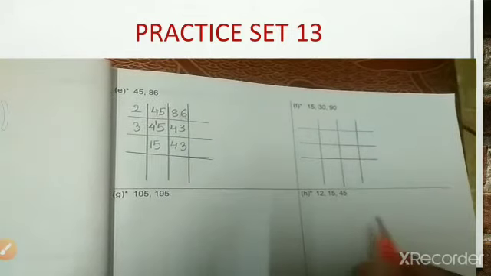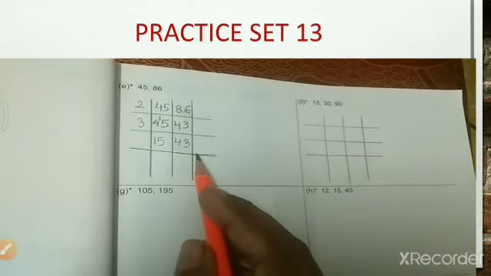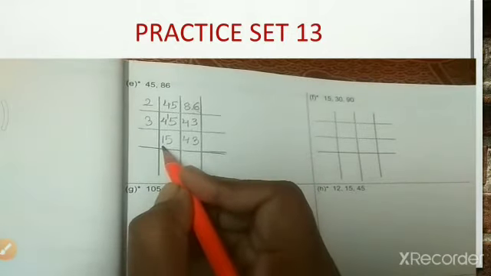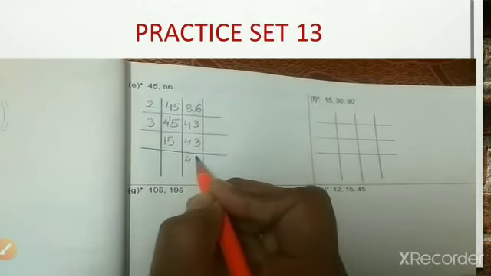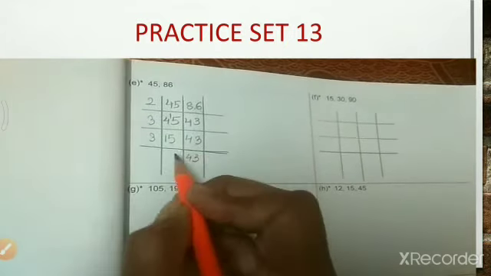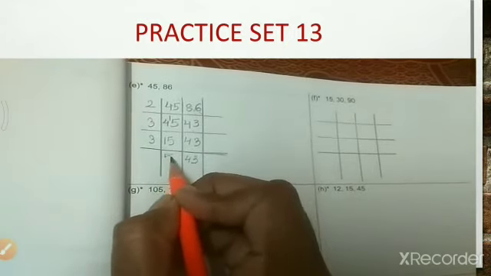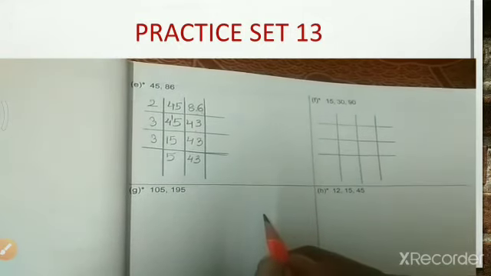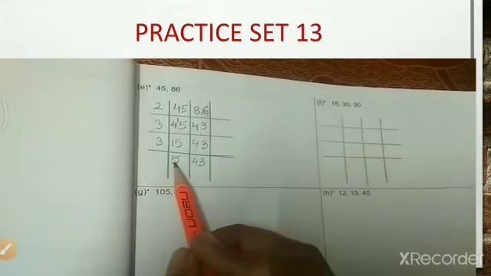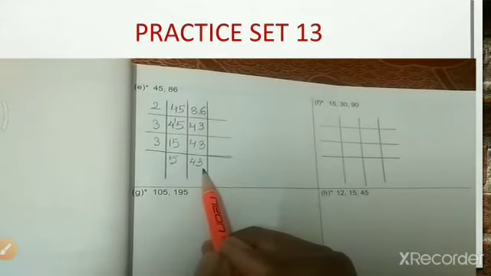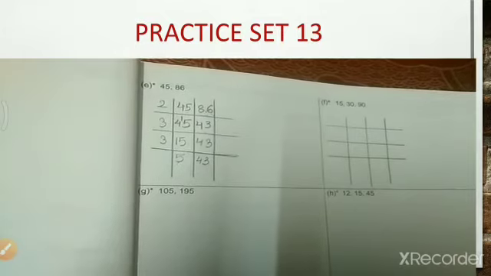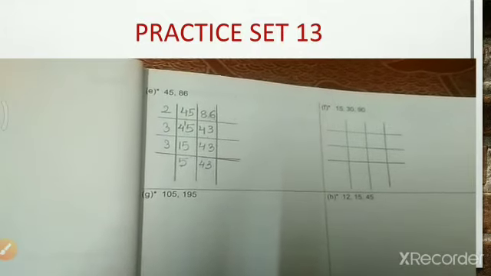Clear everyone? Now 15 and 43 is divisible by which number? Again 15 is divisible by 3 but 43 is not divisible by 3. So we will write down 43 as it is. 3 5s are 15. Clear everyone? Now again 5 is divisible by itself and 43 is divisible by itself. Now here what you will do? You will find out the LCM.